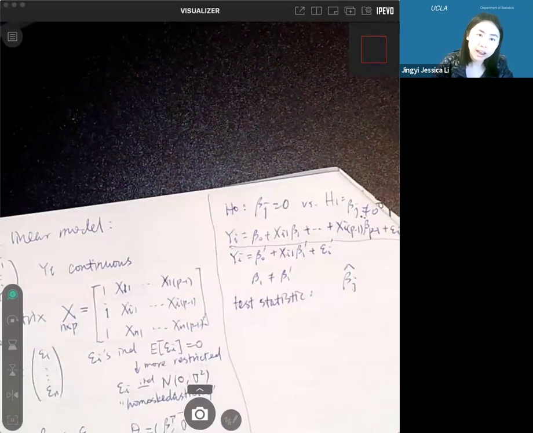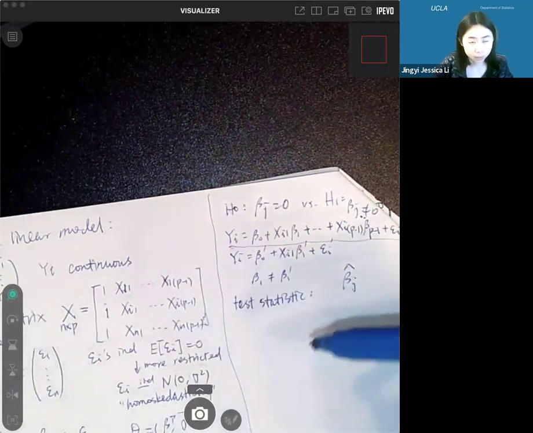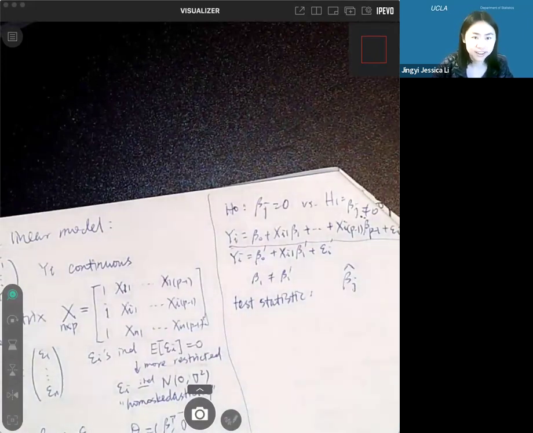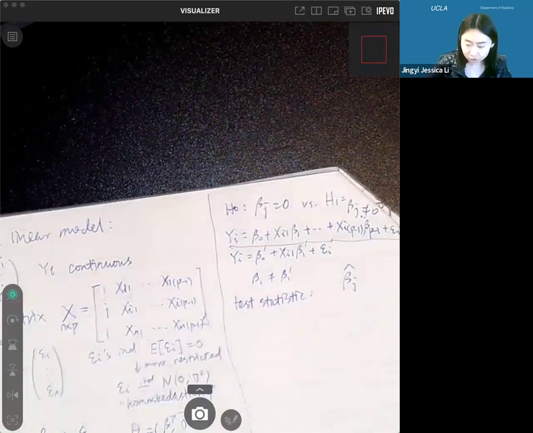We don't want the null distribution to be too diverse in the pre-computer age, because we cannot make up tables for so many distributions. But now, with computers, this is no longer a problem. You could, for sure, use just beta hat j as your test statistic and say, this is the distribution.